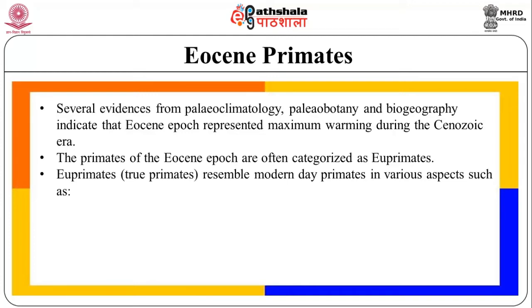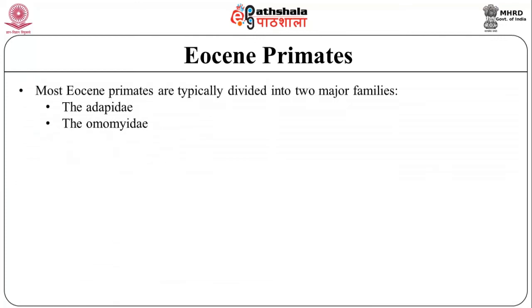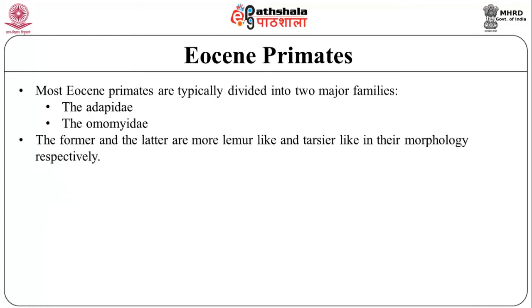Euprimates, that is, true primates, resemble modern-day primates in various aspects such as presence of forward-facing orbits, post-orbital bar, and opposable first toe, and grasping hands and feet. Most Eocene primates are typically divided into two major families, that is, Adapidae and Omomyidae, as given by Swindler in 2004. The former and the latter are more lemur-like and tarsier-like in their morphology respectively.